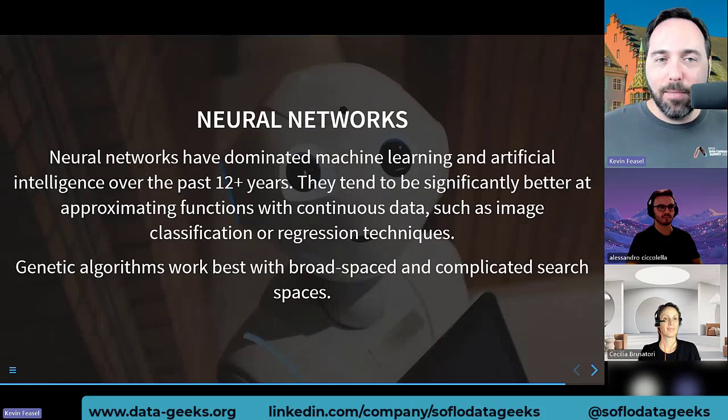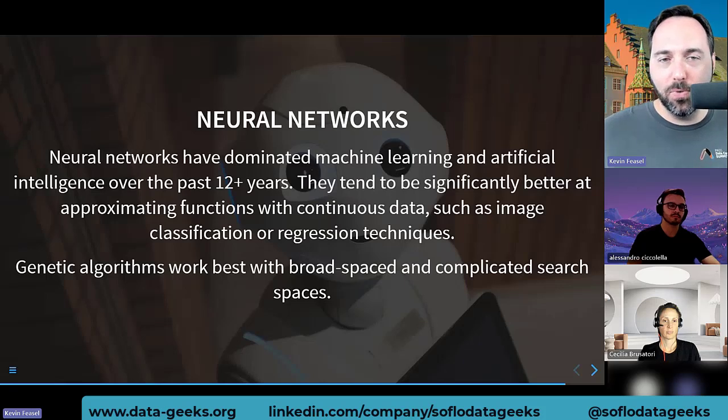When it comes to neural networks, I did mention early on, these have dominated machine learning for 12 plus years. 2012 is basically when I would consider neural networks took over machine learning, for better or for worse. Even so, neural networks solve a particular type of problem really well. They are extremely good at approximating functions with continuous data.